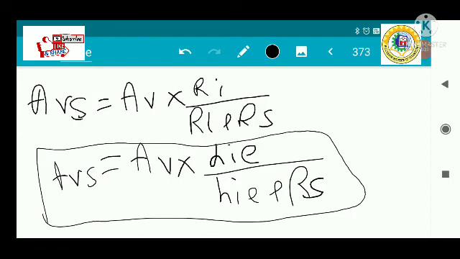So this is all about a small introduction of the H parameter model. The summary is, till now we have discussed the BJT amplifier as a two-port network.